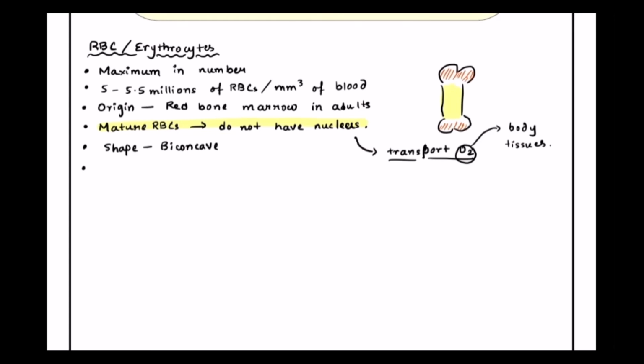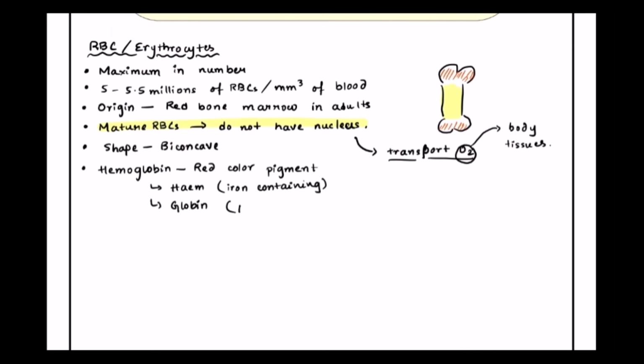Moving further, the erythrocytes also have something called hemoglobin. And hemoglobin is a red color pigment that contains two parts. One is the heme part, which is the iron containing part, and the second one is the globin part, that is the protein part.